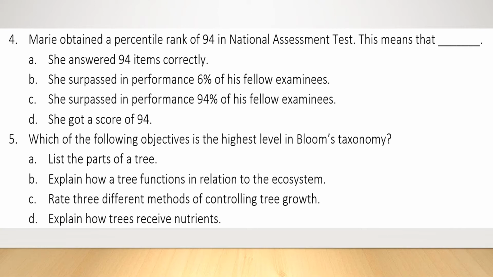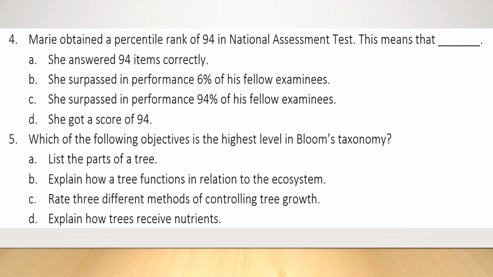Analyzing is breaking the whole into parts, meaning i-chop-chop mo ang big concepts into small ideas. Next is evaluating. When you evaluate, of course, you judge, you rate something, you appraise something. That belongs to evaluating.